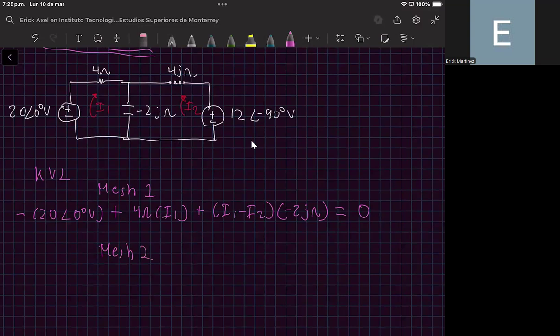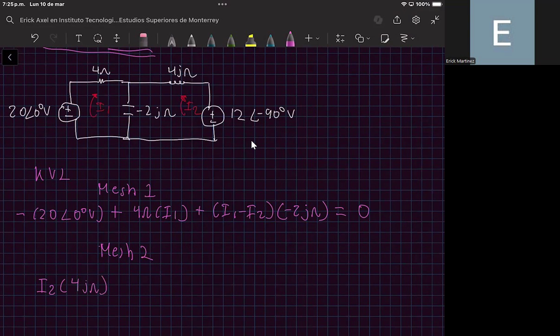For mesh number 2, we need to look at the flow of the current I2 and calculate the voltages based on this current. You can see that I2 is flowing through the inductor that has an impedance of 4J ohms. So you multiply I2 times 4J ohms.